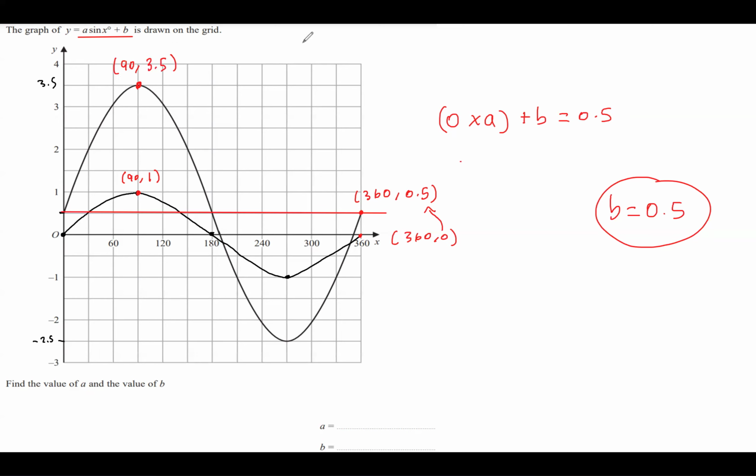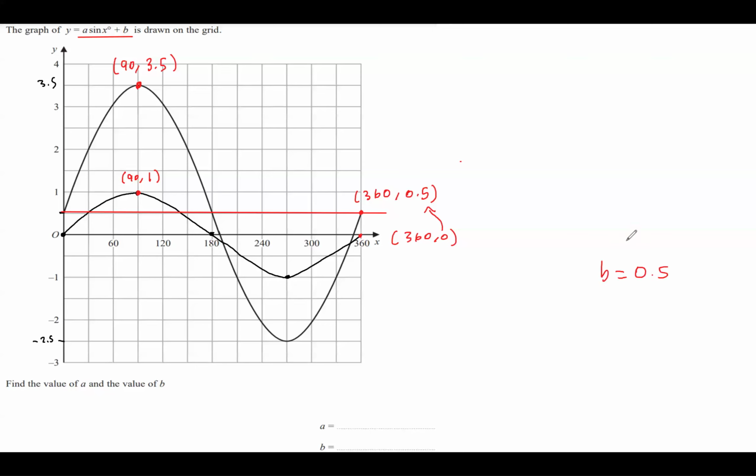So in effect, we said b is 0.5. So what we're saying is 1 times a plus 0.5 will give us 3.5. Now we can just solve this using algebra. So 1 times a is a, so a plus 0.5 is equal to 3.5, so a must be 3.